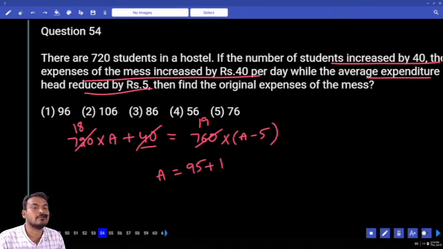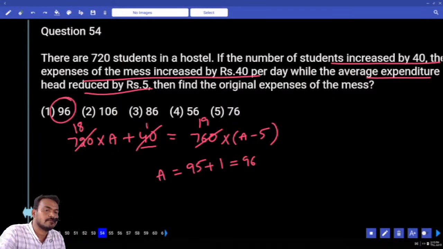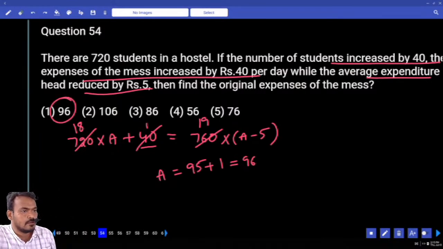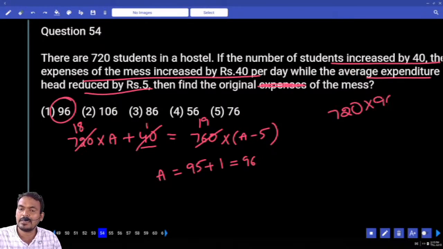Plus 1, or not? 95 plus 1, how much? 96. We required the original average, not the original expenses. Original expenses would mean the answer is 720 into 96. But there is no such value, sir. Okay. We required the average value, not expenses.